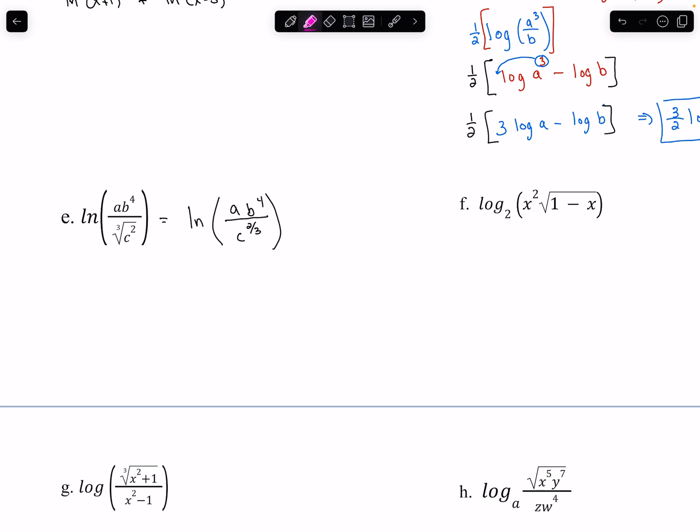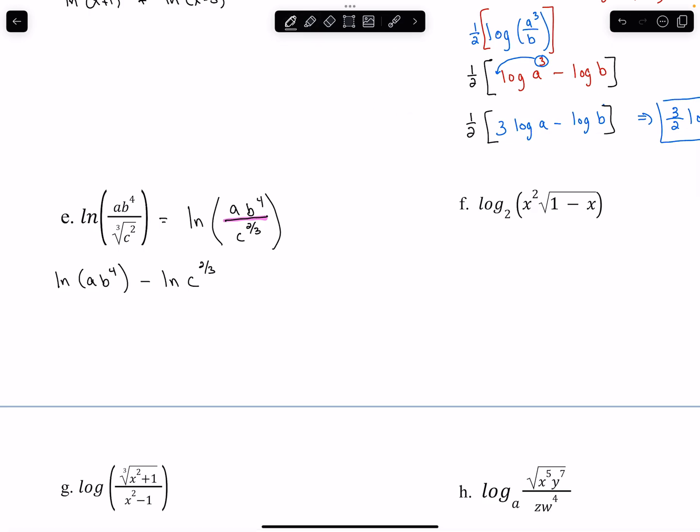All right, so I'm recognizing my division sign here. So I'm going to break that up with subtraction. So I got ln, my numerator, which is a, b to the 4th, minus my denominator, ln c to 2/3. Okay, cool.